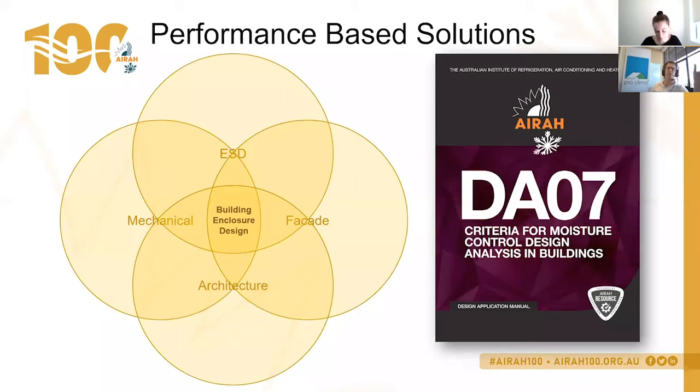You need to know whether it's vapor permeable. You need to know if it's a rock wool, a glass wool, a cellulose, any fibrous insulation, versus more vapor resistive materials like foam-based materials, XPS, EPS, PIR. They all have different properties, and how you insulate that building has a huge impact on whether you may or may not trap moisture. The mechanical engineers are responsible for the interior conditions inside the building.